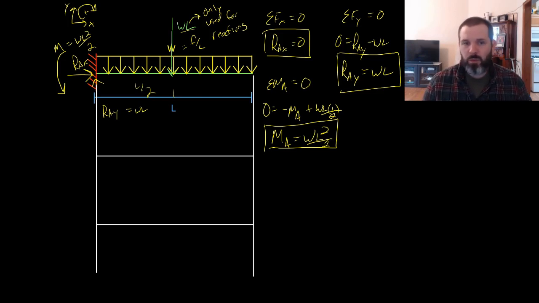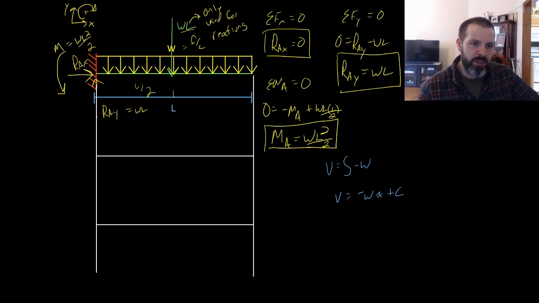Again, we know that shear is equal to the integral of minus w. In this case, our loading function is a constant, w. So we are going to integrate that and find out that shear is equal to minus wx plus a constant. The shear at 0 is equal to WL.